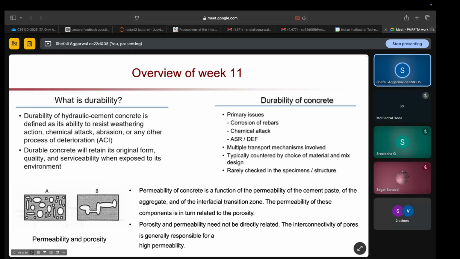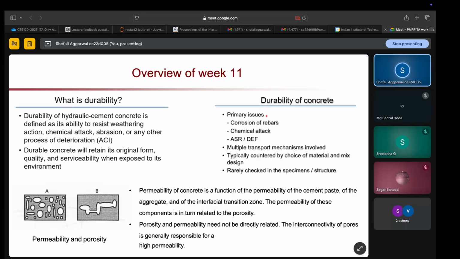However, other than mechanical strength, the part of concrete affected by deterioration due to chemical actions or external attack instead of loading comes under durability problems. Durable concrete will retain its original form, quality and serviceability when exposed to its environment. However, non-durable concrete will deteriorate and can cause serious issues.